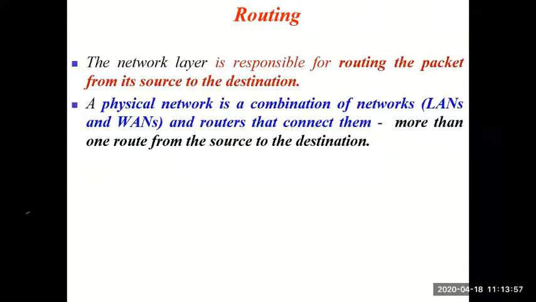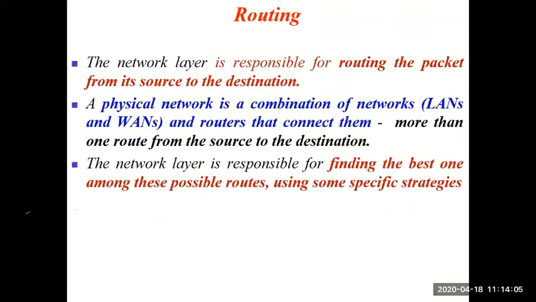Remember you did Dijkstra's in the lab, the shortest path algorithm. So you'll know which is the shortest route to take, and all that will be decided in the routing process. We have multiple algorithms for routing, and using those algorithms we will find the best strategy to reach from the source to destination.